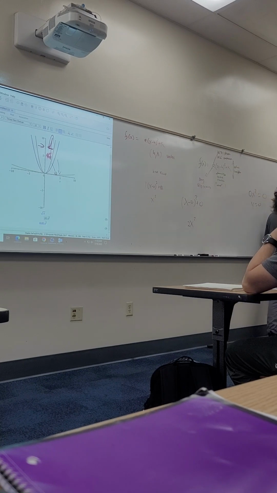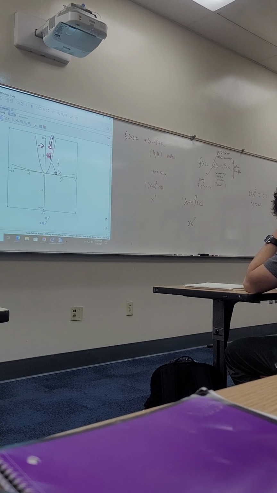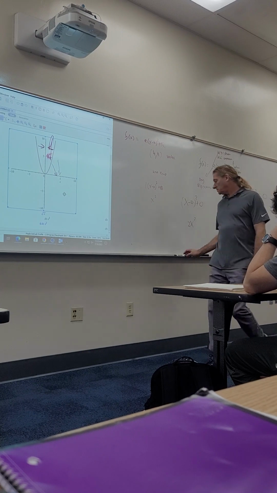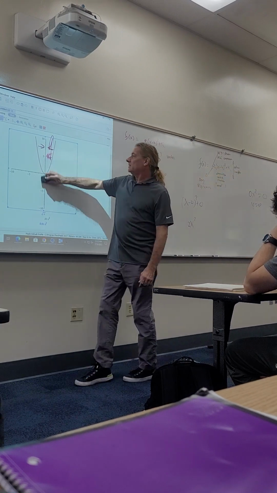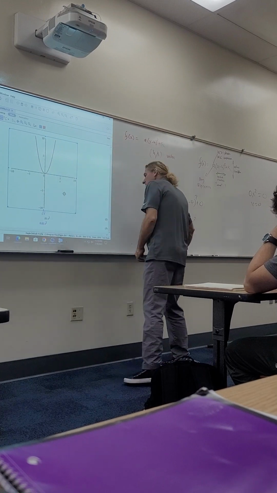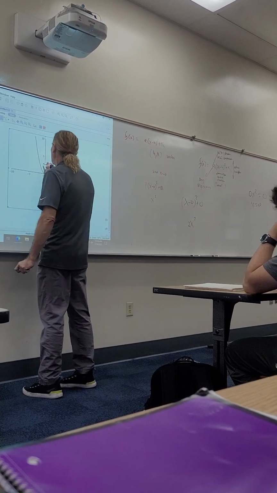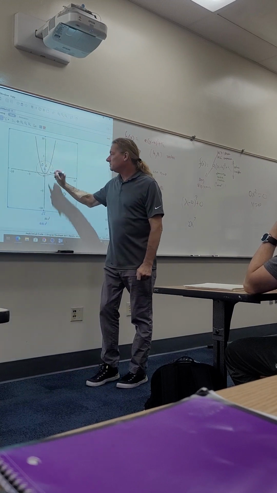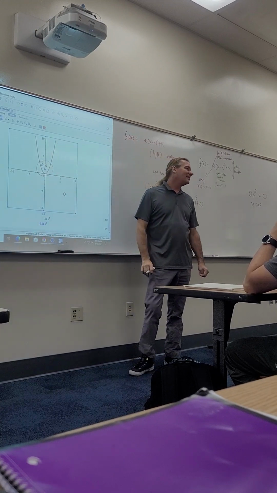And one way you can think about this, the way I tell a lot of people, even though it sounds silly, is that when I have a positive value for A, what does this look like? What's that person doing?